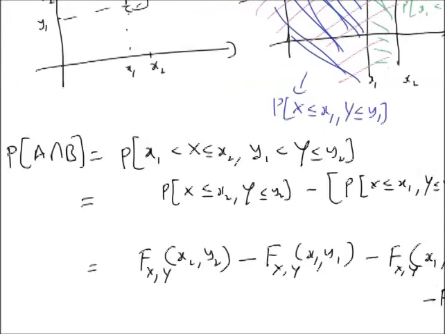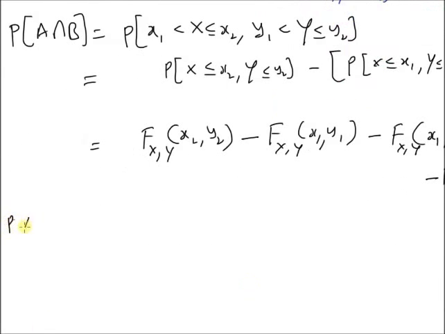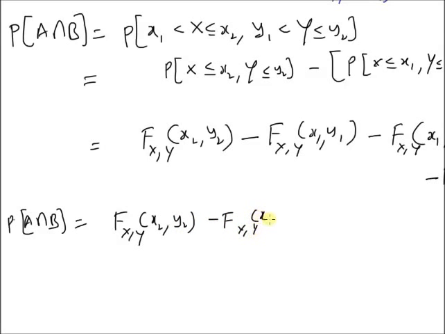So the probability of A intersection B is given by the CDF at x2, y2, minus the CDF at x1, y2, minus the CDF at x2, y1, plus the CDF at x1, y1.